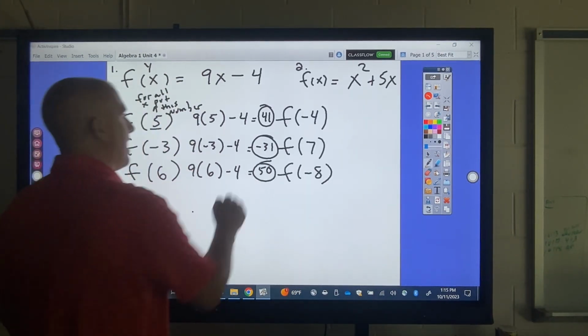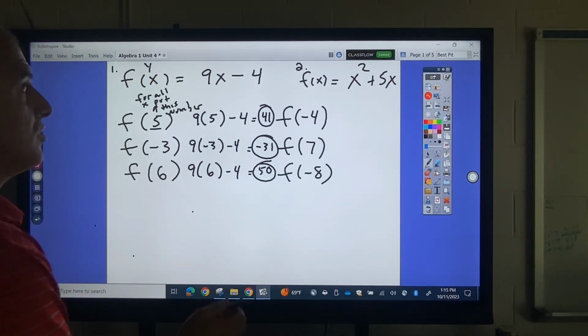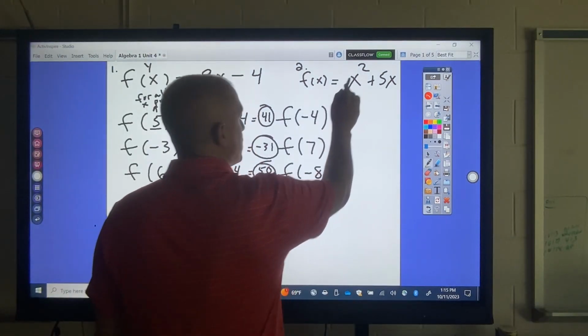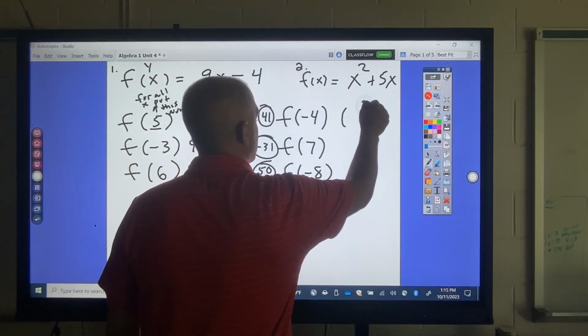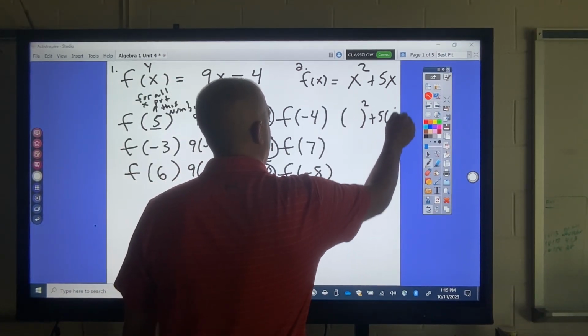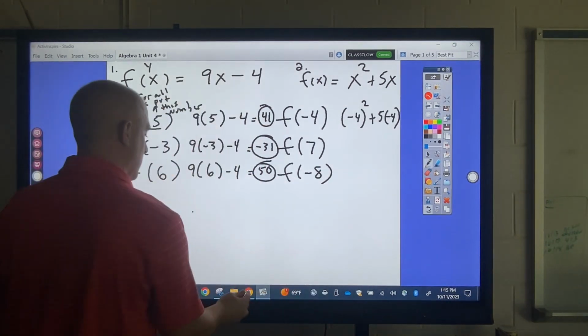Okay. Now, what happens when you see two x's? Well, that means just two things. Now, when I have a square, we talked about this back when evaluating. I want to put the squared outside of the parentheses. So negative 4, negative 4. Okay?